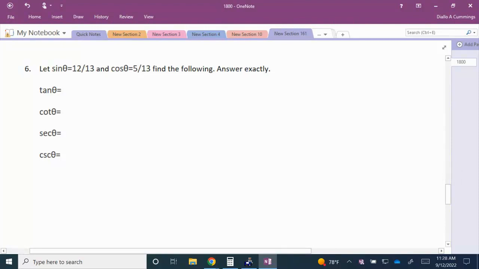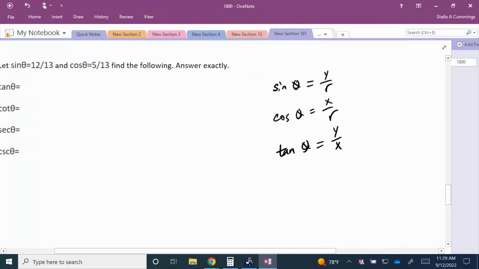So I'm just going to write these over because they're not actually on the formula sheet. The sine of some angle is y over r. The cosine is x over r. The tangent is y over x.